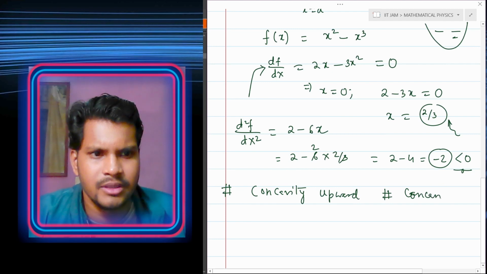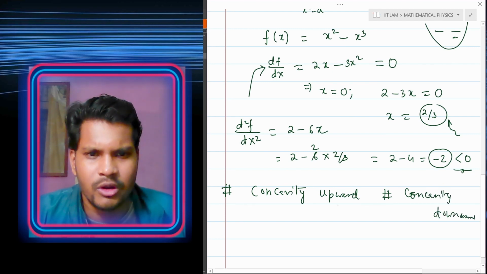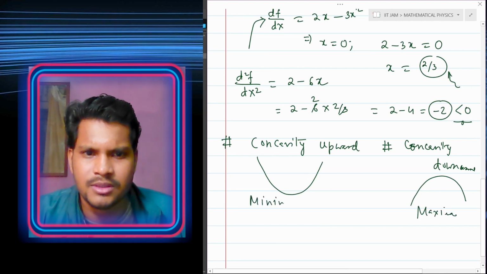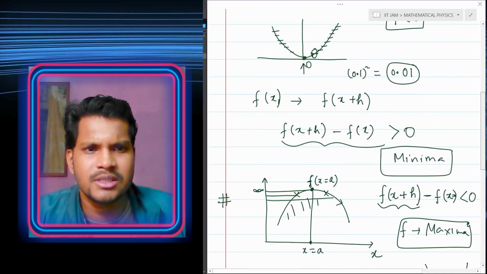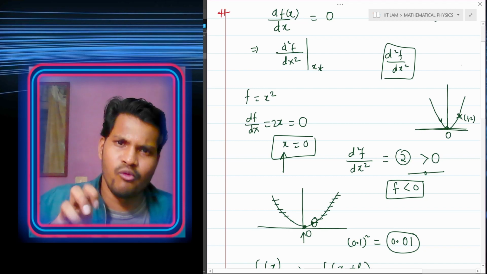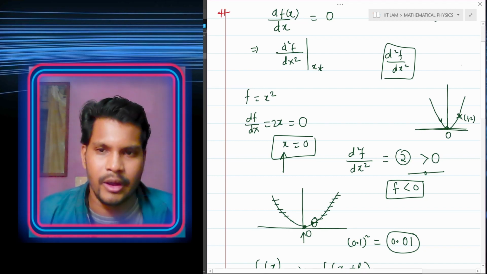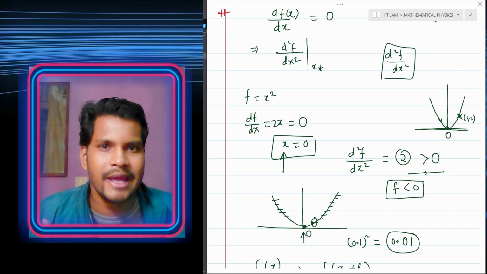So concavity downwards. Concavity upward means this, and this. When this happens, it gives you the maxima of the function, and this gives you the minima of the function. So now we understand perfectly what happens to the function if it depends on only one variable, like x.